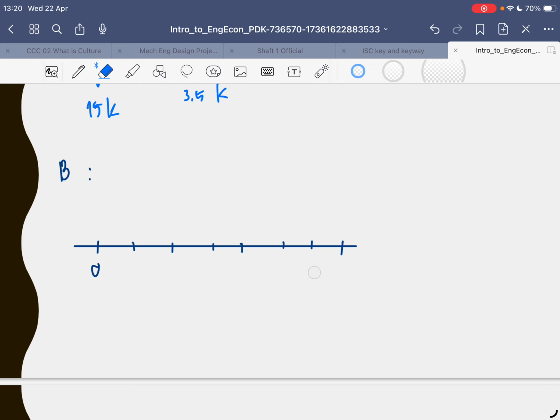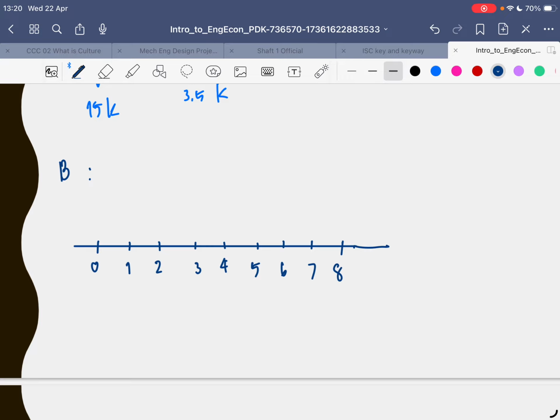So the annual worth of option A is, first of all, you will see the 3.5K is already annual, right? So we don't need to touch anything about this annual cost, but these two are the ones that we need to take care of.